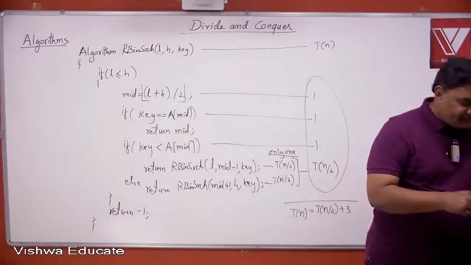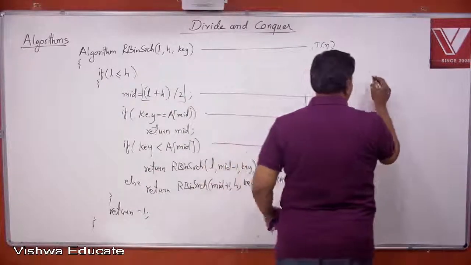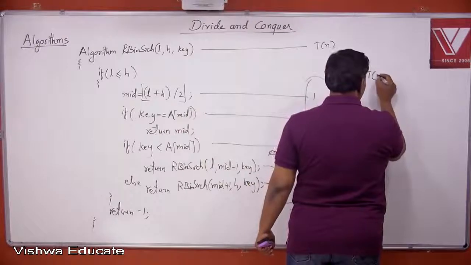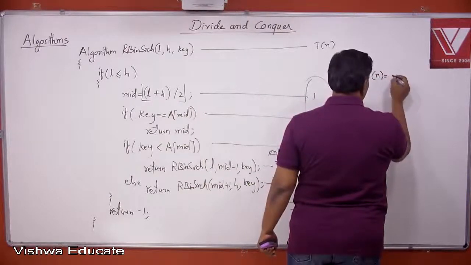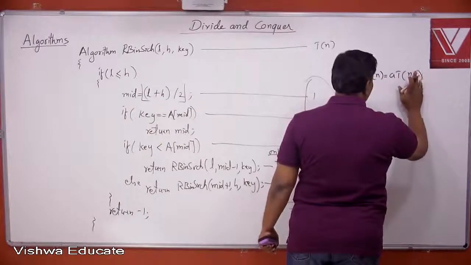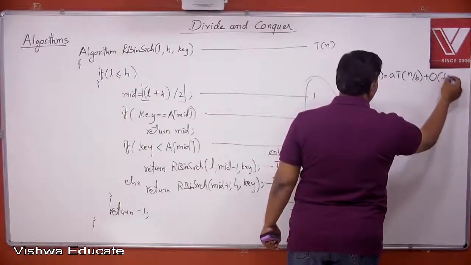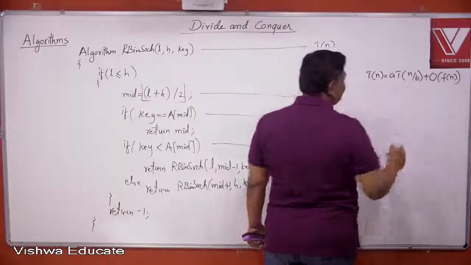So the recursive algorithm's time is also recursive. Now we write the recurrence relation in general form like this: T(n) = a T(n/b) plus big O of f(n).